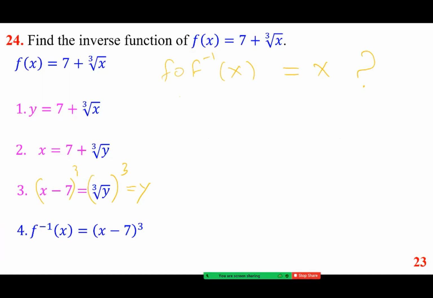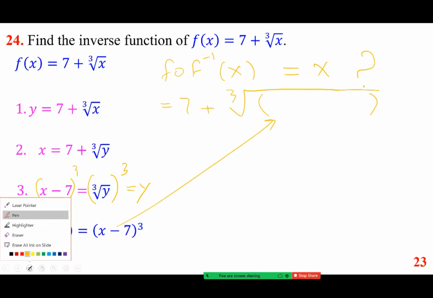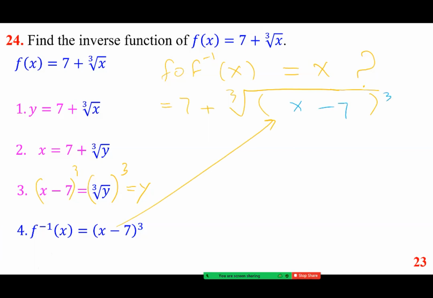So f of f inverse equals 7 plus cube root of x minus 7 quantity cubed. This becomes 7. This becomes plus x minus 7. And as you can see, it is equal to x, and it does check.